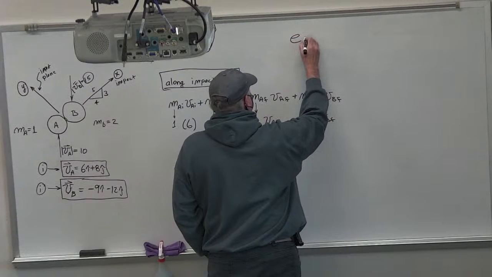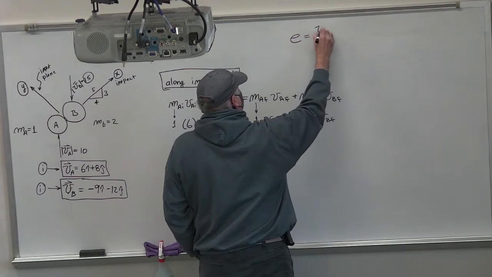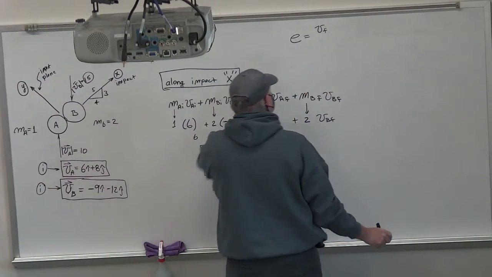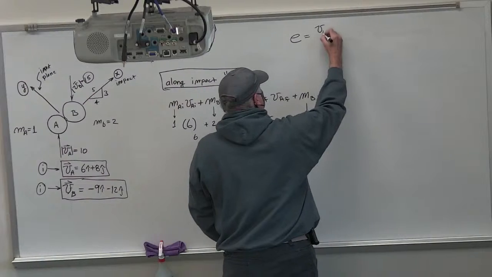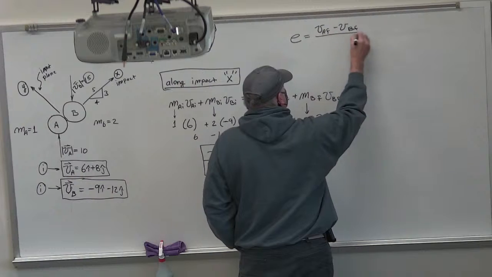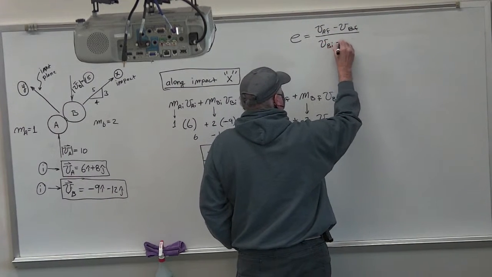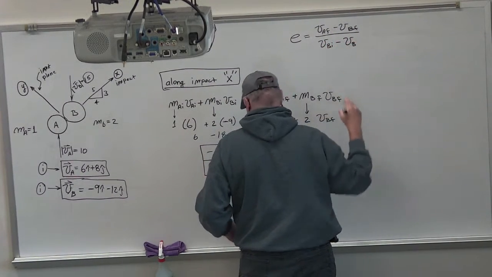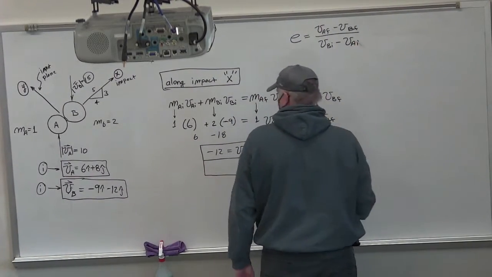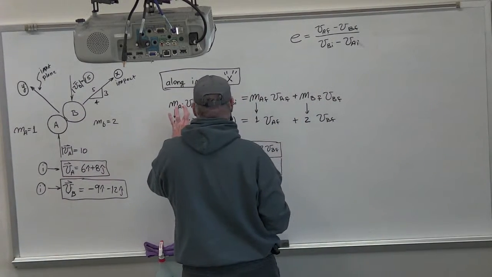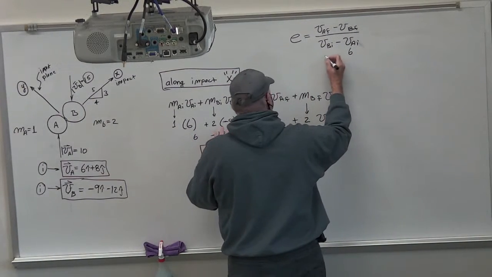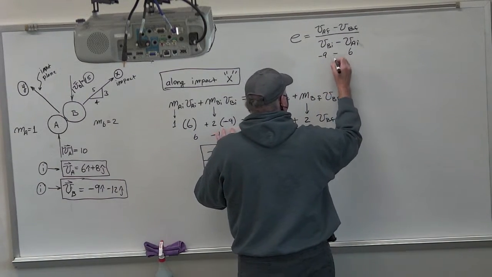Okay, so coefficient of restitution, final A minus final B over initial B minus initial A, sorry for my handwriting. VA initial is a 6, VB initial minus 9.